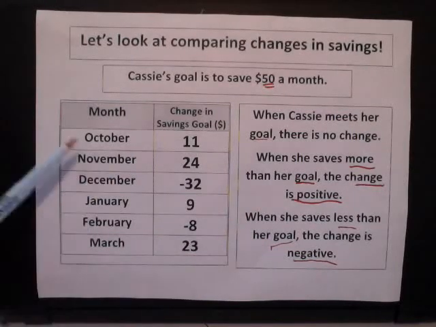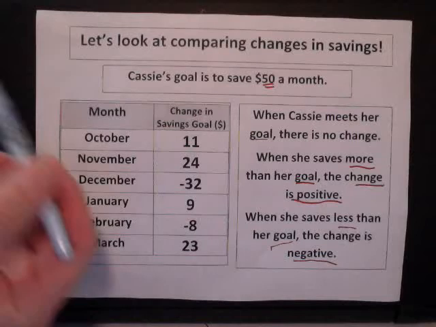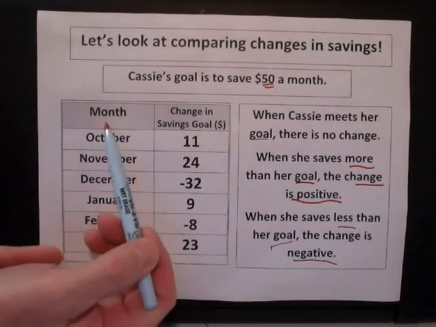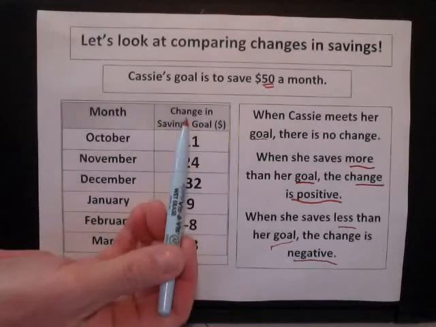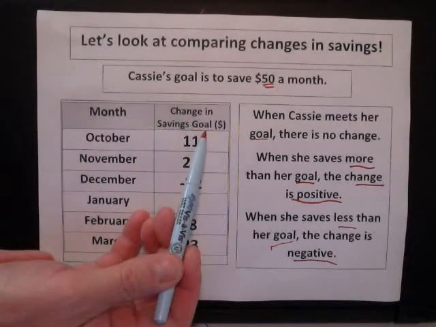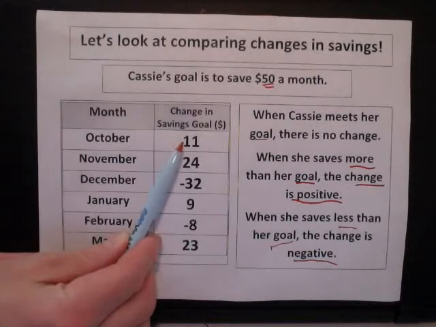Okay, so here's her savings. She started keeping track in October and then kept track as she went. When you look at this, it tells you the month that she saved and how much change there was. Here's the change in savings goal. In October, we know that this is a positive 11.